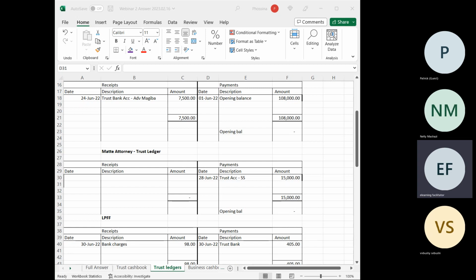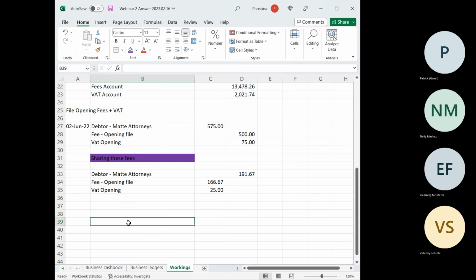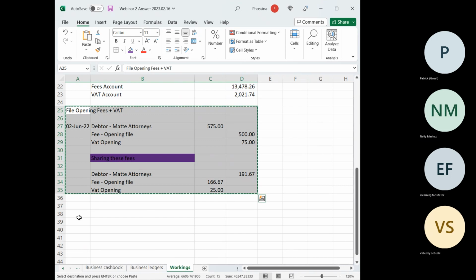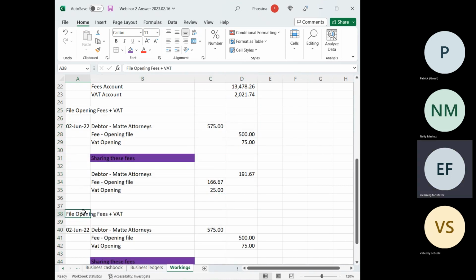So we've recorded the one for opening a file, and the one for the trusting agent's fees, and now the collection commission. The collection commission, we collected 15,000. It's going to be a transaction similar to this as well. So this is now the collection commission.